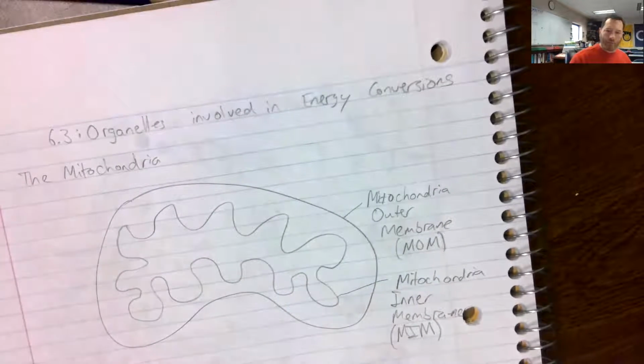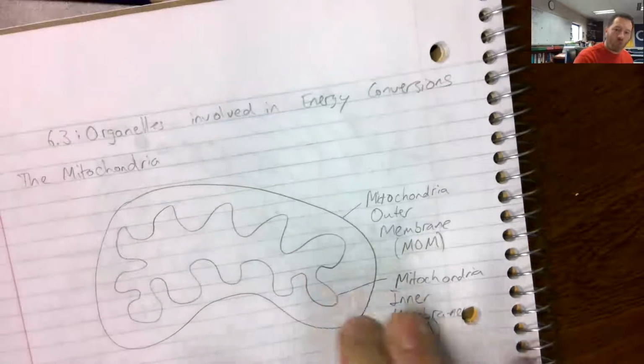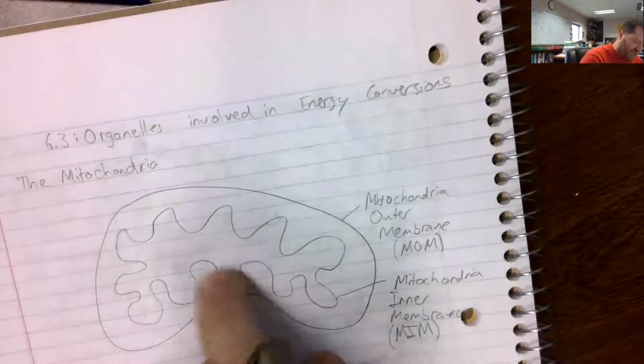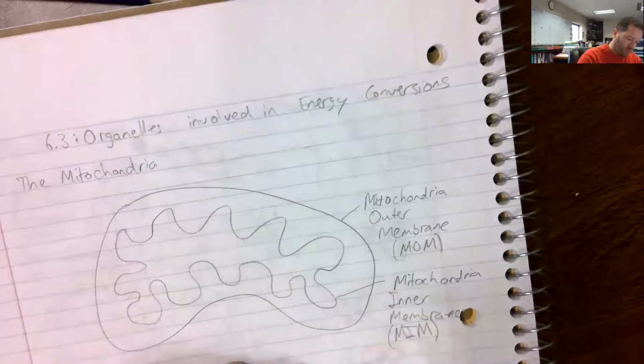So the mom and the mem. And the inner membrane is going back and forth and back and forth like that. We'll discuss that in just a second. It just wraps around all over the place.